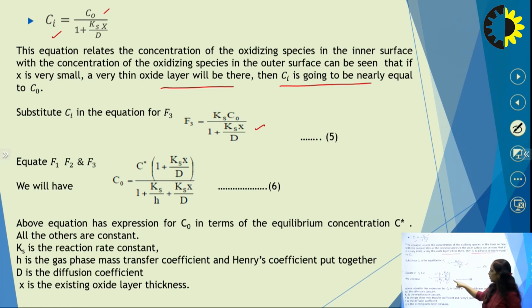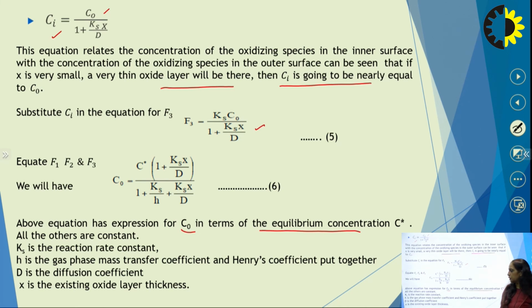We will have this equation: C naught is equal to C equilibrium times 1 plus Ks X divided by D, in the denominator 1 plus Ks divided by h plus Ks X divided by D. From this equation we can state C naught in terms of the equilibrium concentration C star.